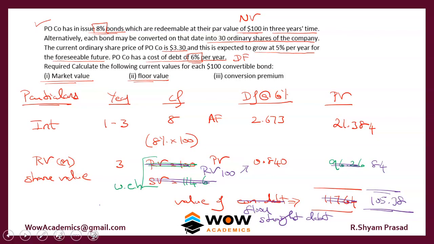We have a last method to discuss, which is called the conversion premium. What is a conversion premium? Rather than buying a share, we are trying to buy a convertible bond. How much are we trying to pay for the convertible bond? That is the question.